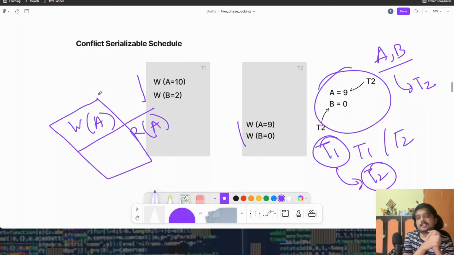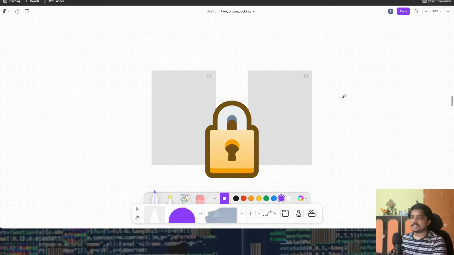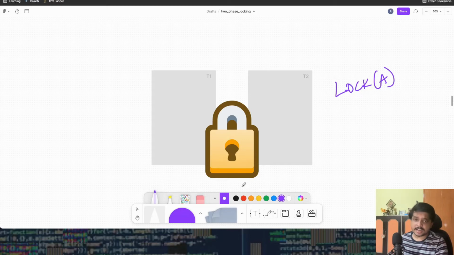Now, one strategy that can come to your mind is locks, right? What do I mean by that? If our transactions are able to say, okay, I want a lock on A, it means that the database will not let any other transaction read or write A at this time.